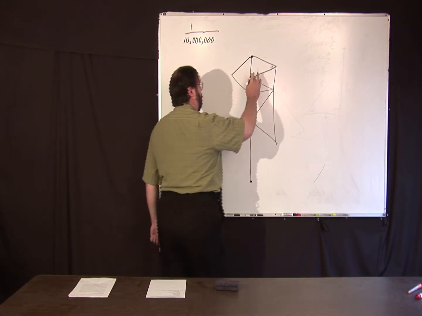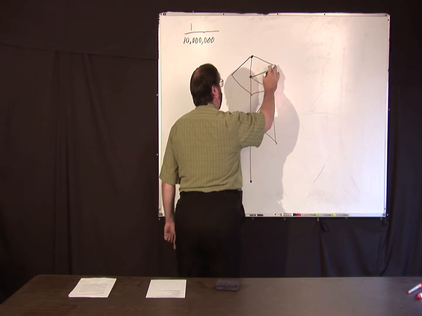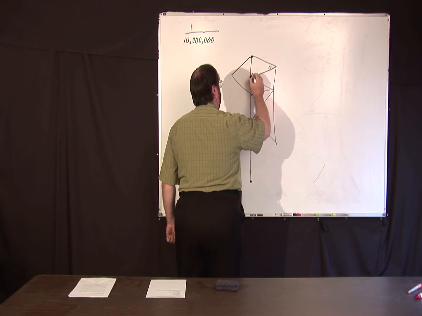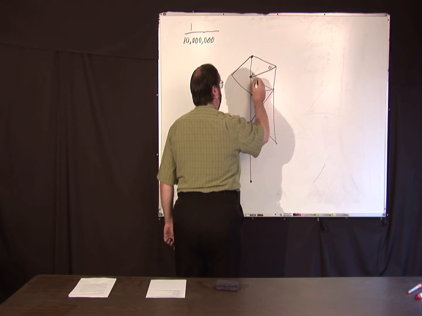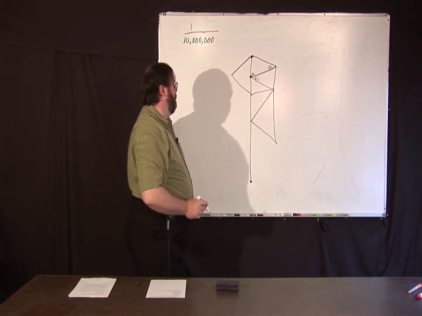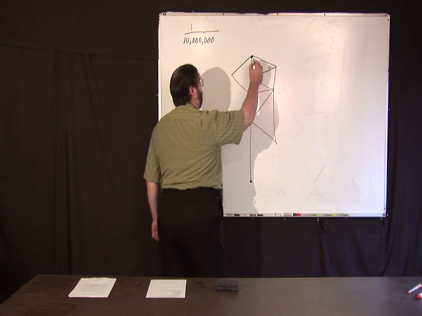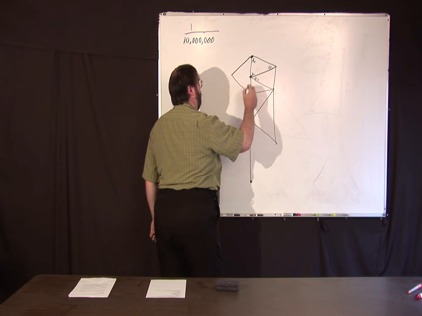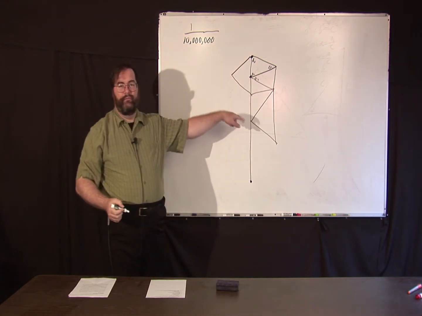Actually, let's number them. So you have some angles, theta 1, theta 2, theta 3, etc. I'll call this theta 0 or something. And you have all these angles.